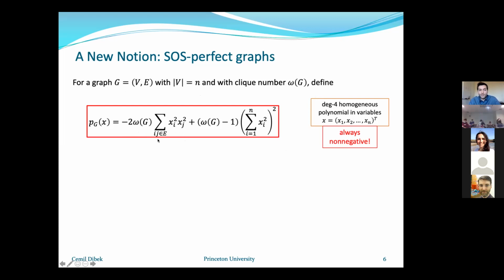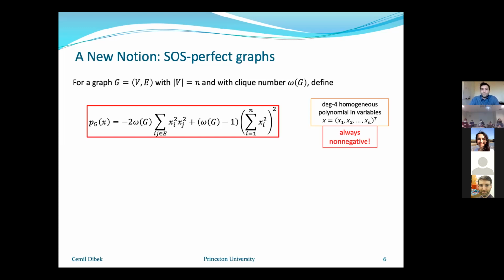So for every edge in the graph, we have one of these monomials, plus omega minus 1 times the sum of xi to the fourth. So for every vertex i in the graph, we have a variable xi in the polynomial. The first thing to observe about this polynomial is that it is degree 4. Indeed, it's homogeneous, so each monomial has degree 4.